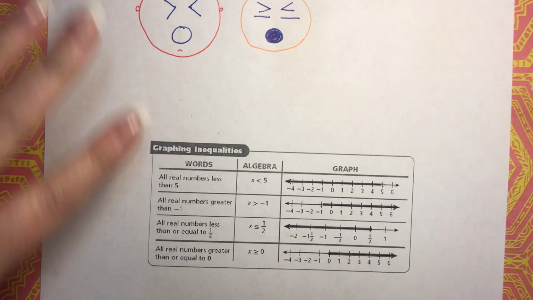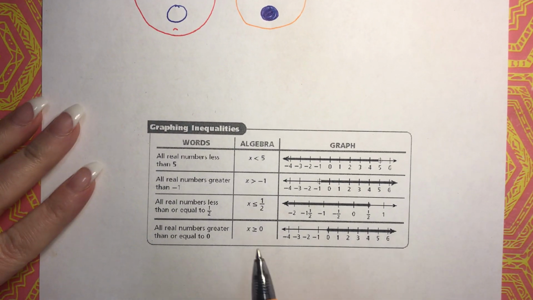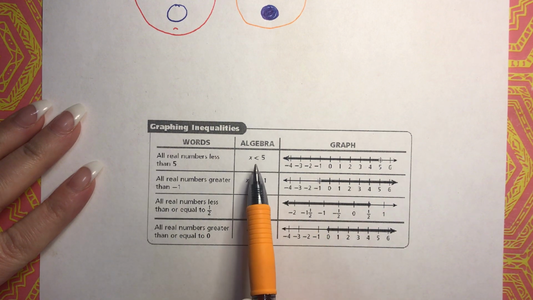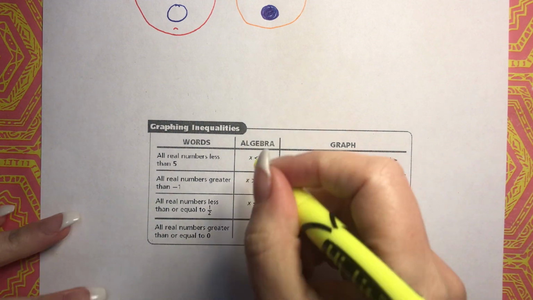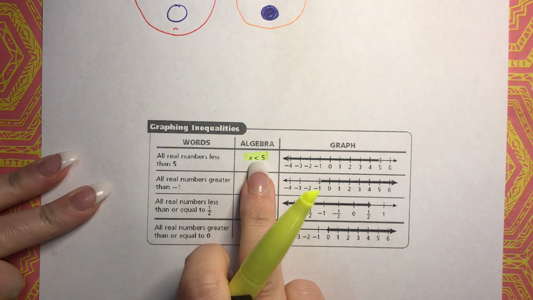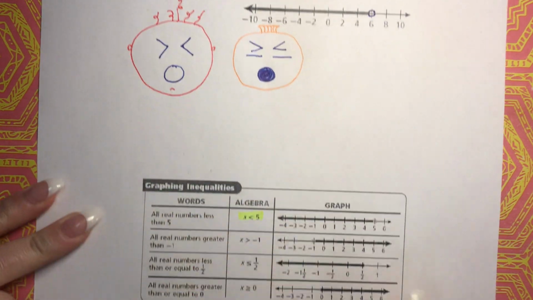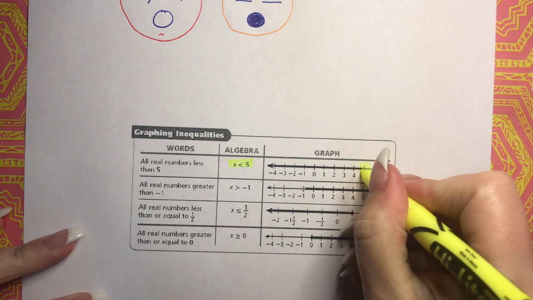Okay, let's look at some other examples before we get started. This one says we're going to graph x is less than 5. That's less than, so we're going to use that open circle right on 5. And right here on 5, there is an open circle.